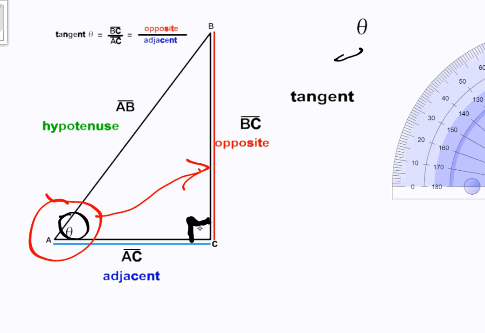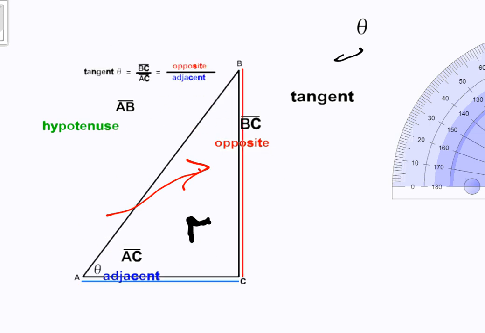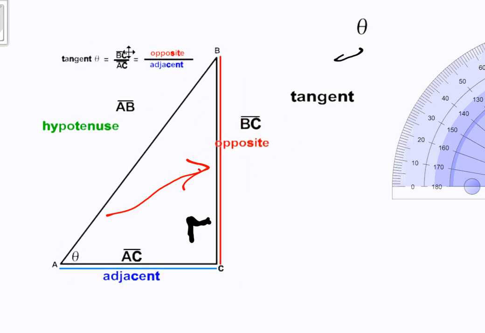So in order for this all to work, we have to figure out what the angle is. So the tangent of theta in this case is BC over AC, opposite over adjacent. Tangent is always opposite over adjacent.